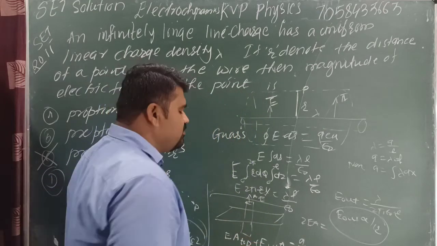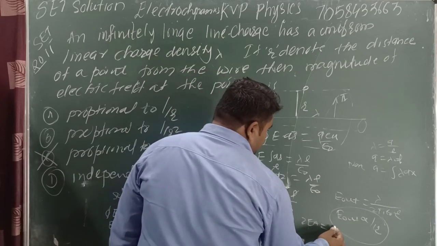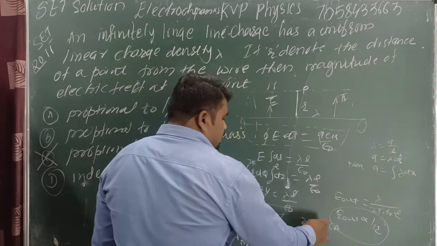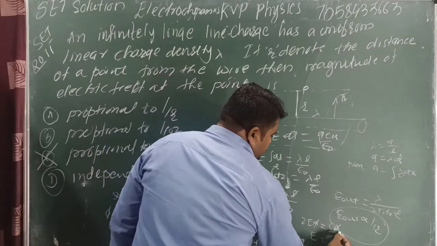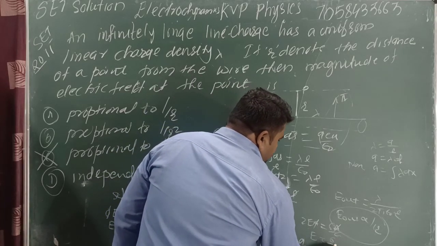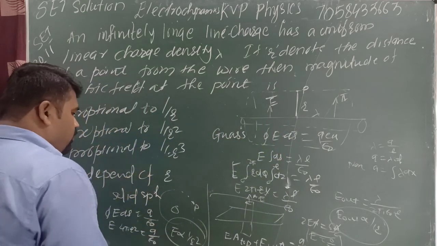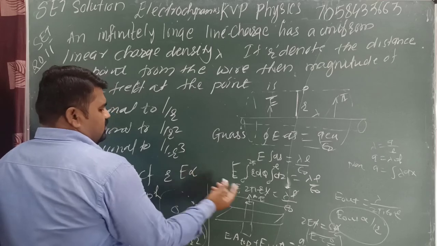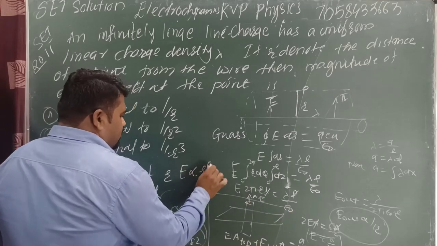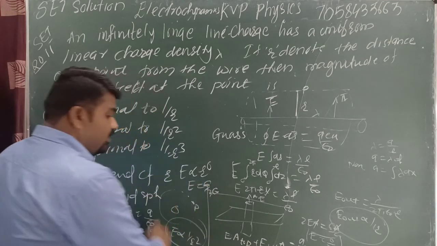And this one is the surface. Then surface charge density sigma is equal to Q upon A, means Q is equal to sigma A. This A gets cancelled. What is the electric field? E is equal to sigma upon 2 epsilon naught. Means electric field for plane surface has no R present, means R to the power 0, E is equal to sigma by 2 epsilon naught.